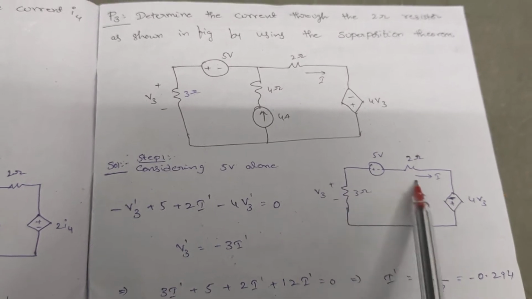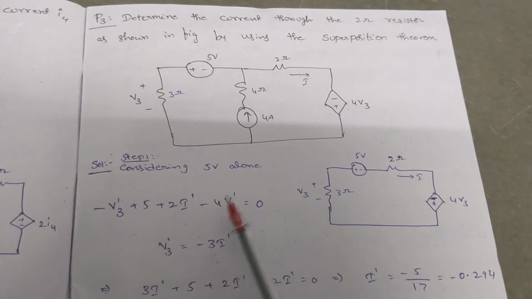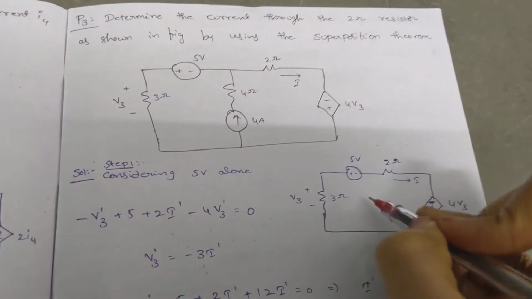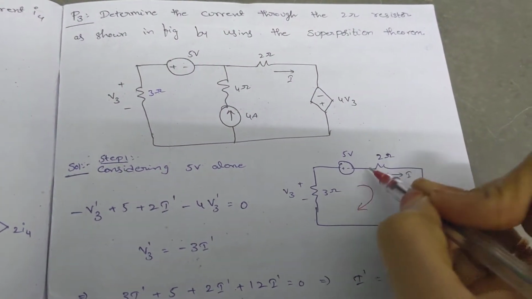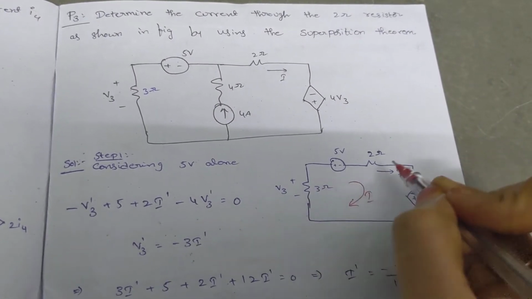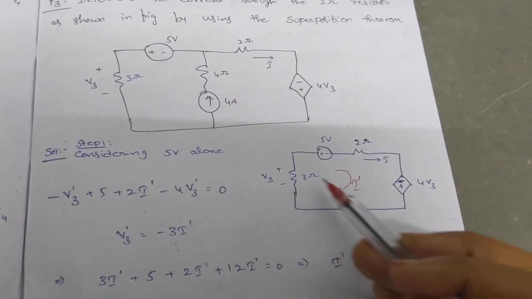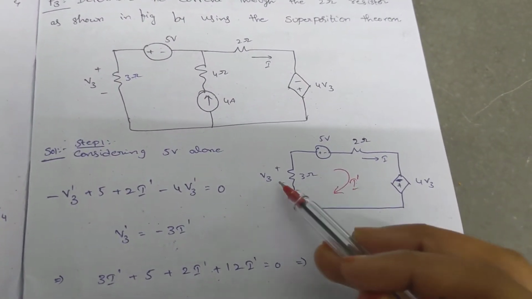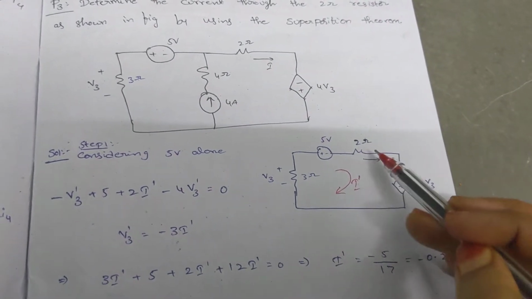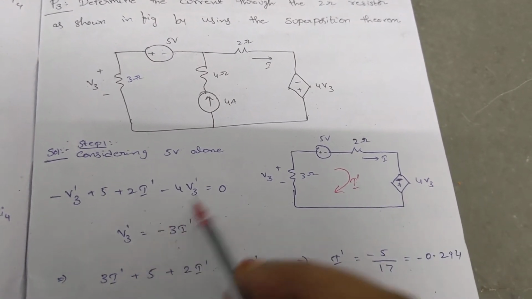I simply redraw the circuit; the rest of the elements are the same. Since it is a single mesh, I am considering the loop equation here. A single current I is flowing, and I am considering it as I dash. The arrow touches the negative terminal, so minus V3 plus 5 plus 2I dash minus 4V3 dash. From this I can get the equation.